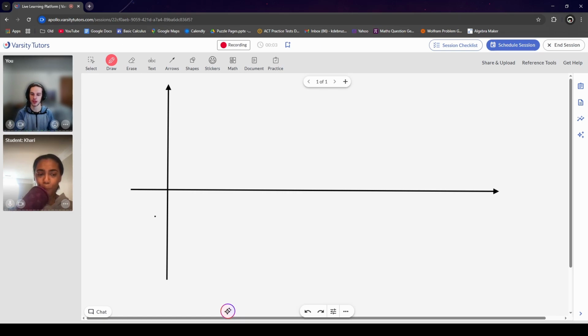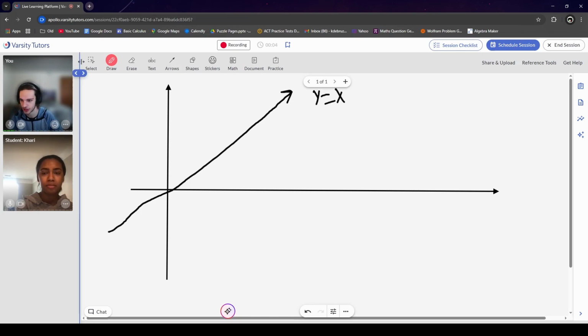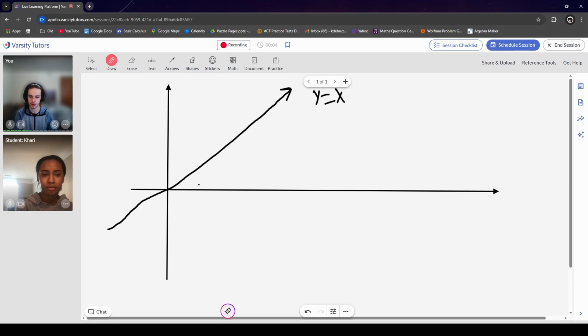But the idea with integrals is that let's say we have a function. Not my best drawing, but this is y equals x. Very normal function. Let's say we had this range, I'll call it x equals a and x equals b, and we want to find the area bounded by the function.